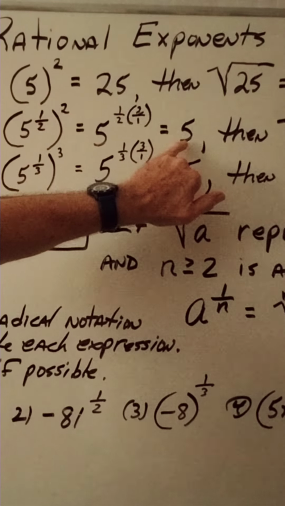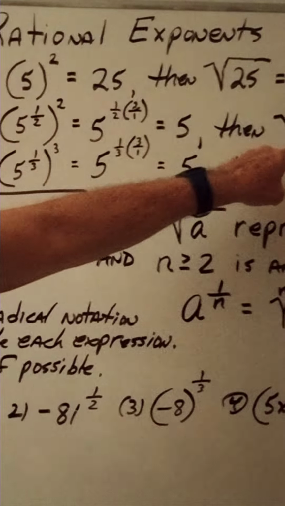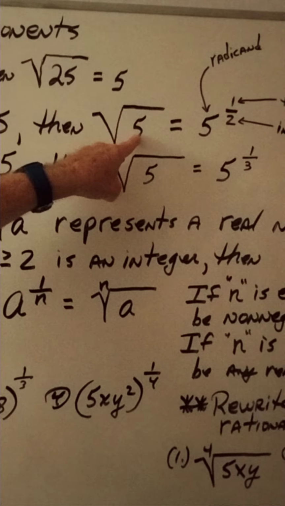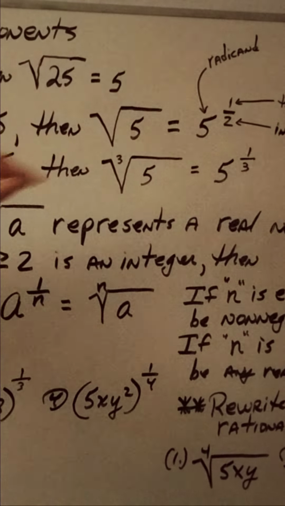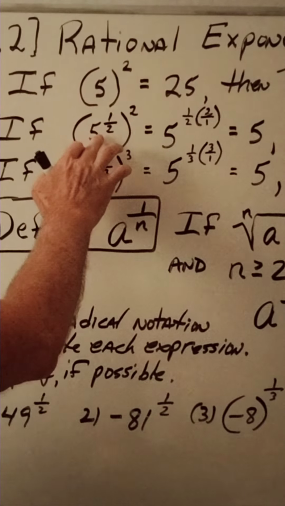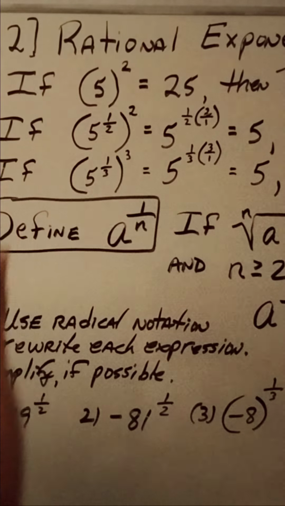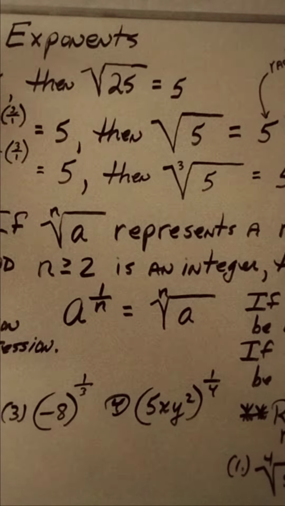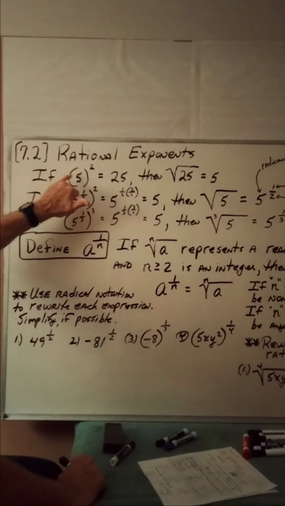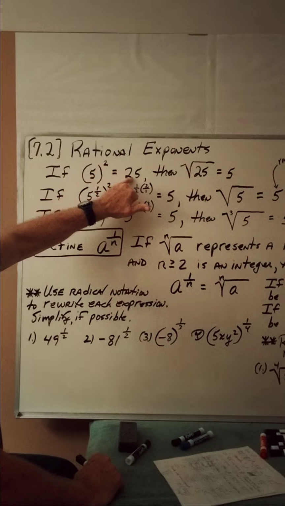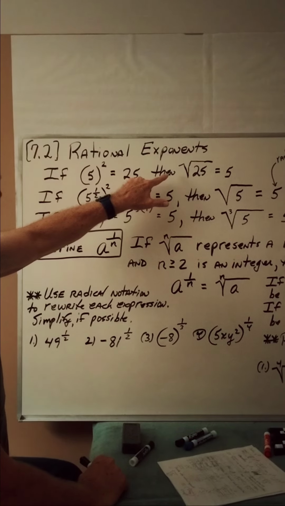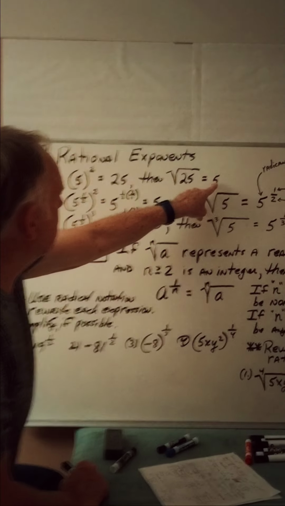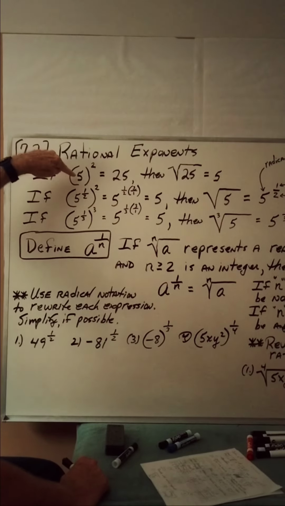If we now take that answer and find its square root, the square root of this number must be this original base that we started off with. And it is. Because if that wasn't true, then how could this statement up here be true? If 5 squared equals 25, if we do the inverse of that statement, then the radical of 25 is 5, and 5, this answer, matches this base.